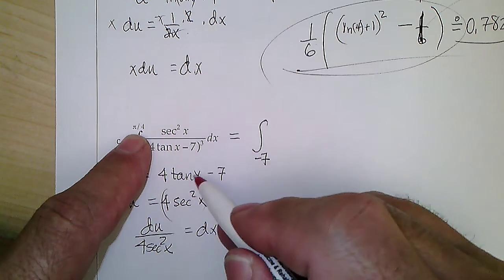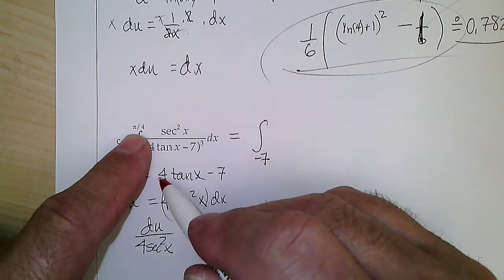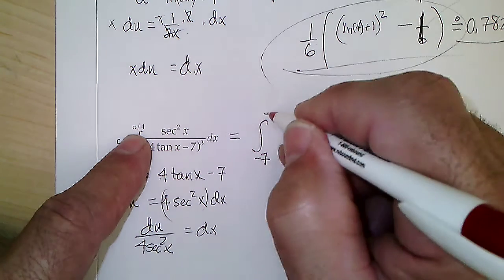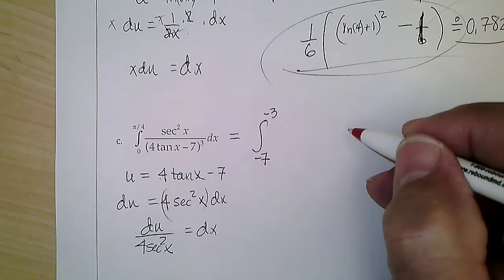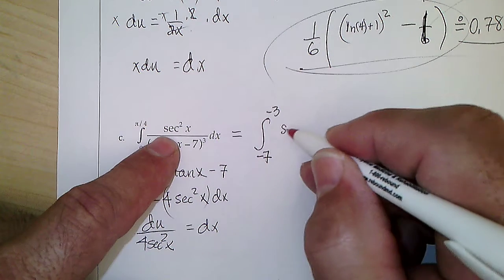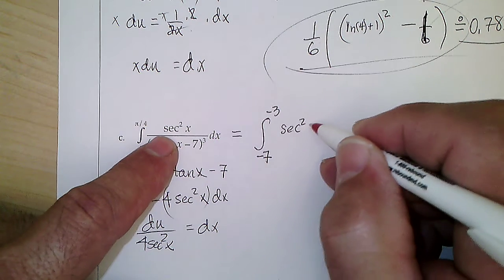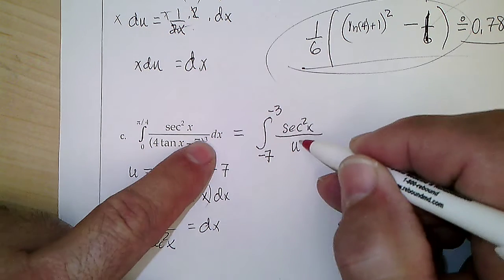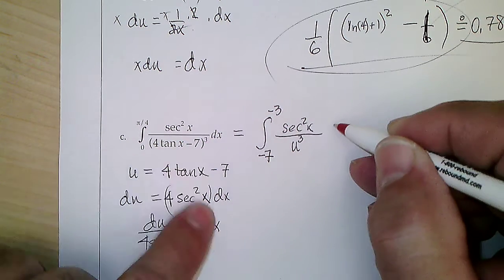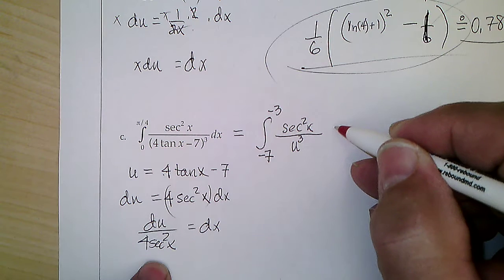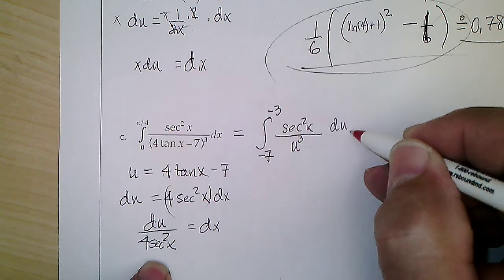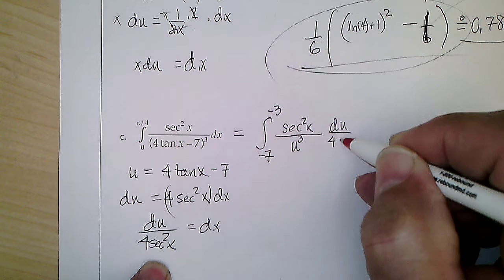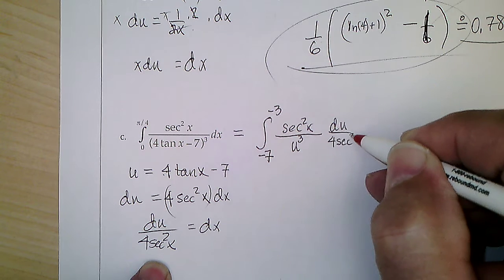Pi over 4, tangent of pi over 4 is 1. 1 times 4 is 4, minus 7 is minus 3. Secant squared x, u to the third, dx is du over 4 secant squared x.